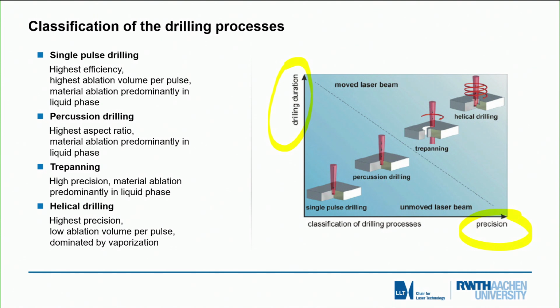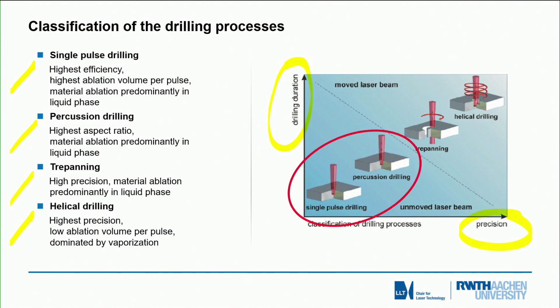And that is true also for the drilling processes. We differentiate single pulse drilling, percussion drilling, trepanning, which is already something like cutting, and helical drilling, which works with very short pulses, as we will see. So let's go through these four processes one by one.